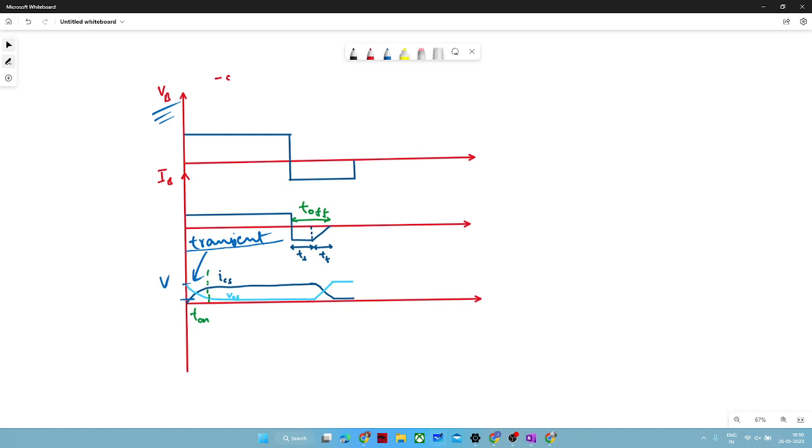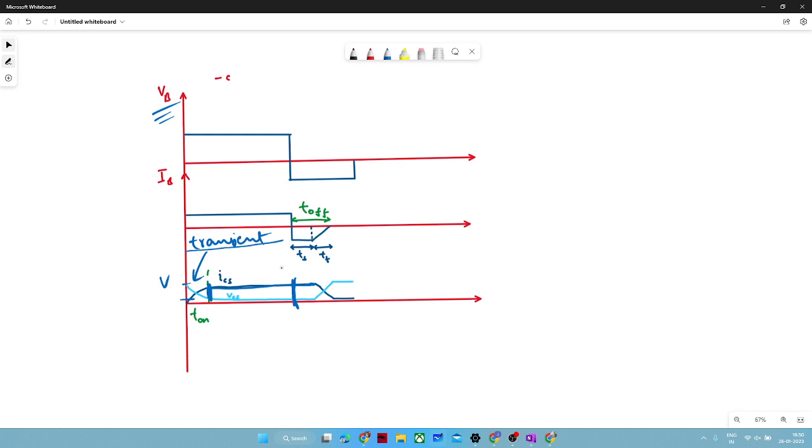And after that, from this point to this point, it will conduct. And as soon as we give the negative voltage signal, this base current will also try to reverse its direction.